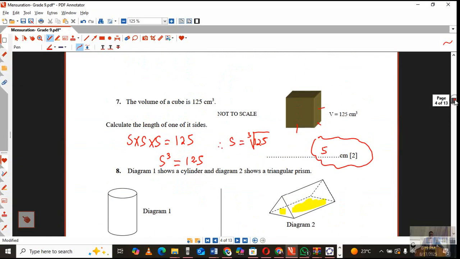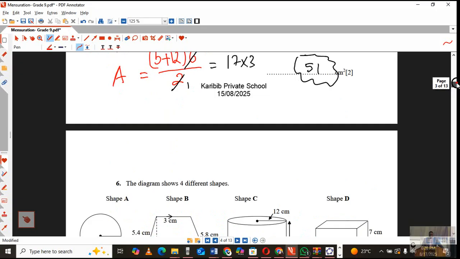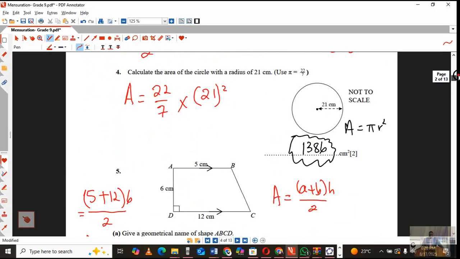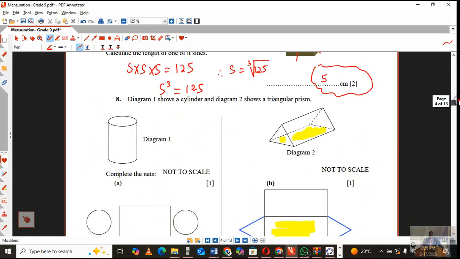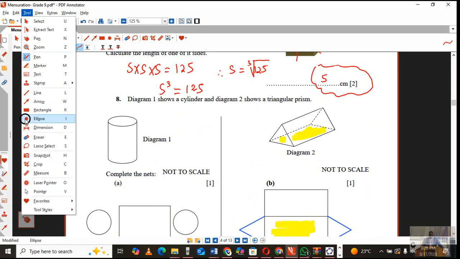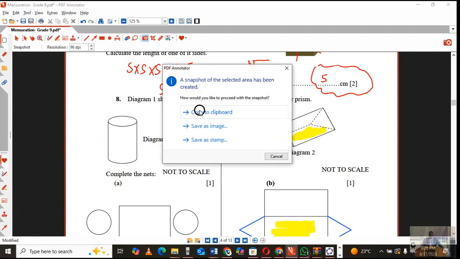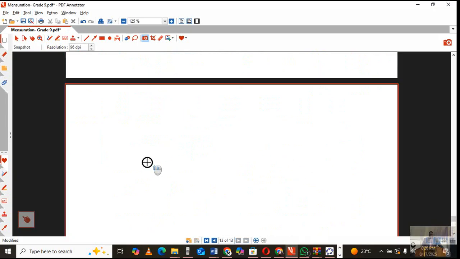See if there's any. Here we go. Right, so let's take this cylinder. Let's just go back and see if there's another one. Okay, that also has got its issues. Okay, let's take the one that we saw. Take a snapshot of this cylinder. Right, I'm going to use it here to explain a concept.